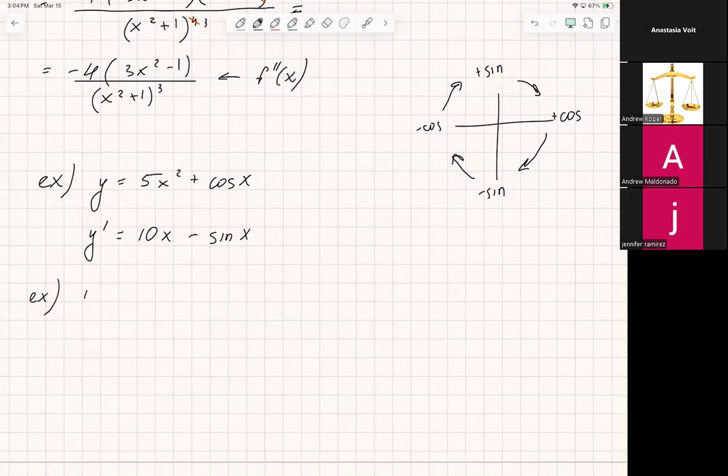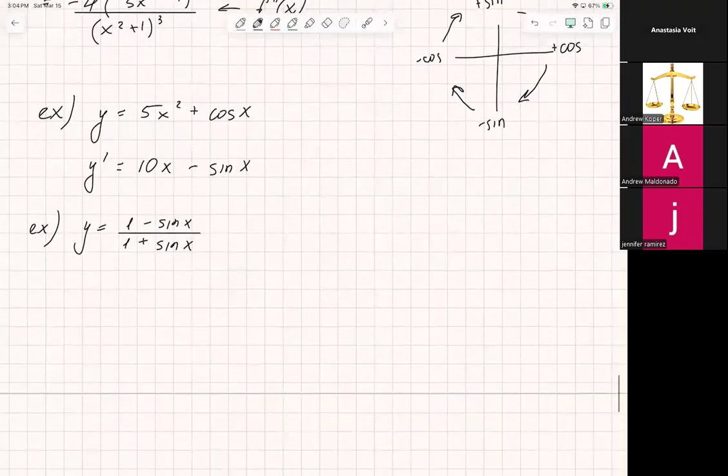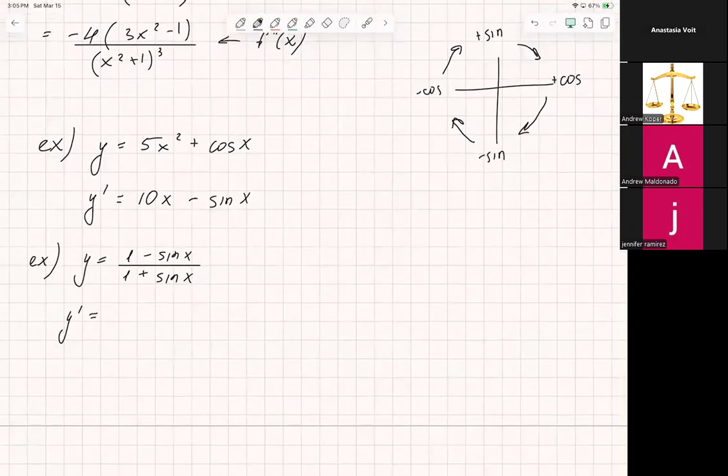Okay, and the next example is, let's say we have 1 minus sine x over 1 plus sine x. In this case, we will be using the quotient rule, right? Again, the derivative of the numerator: we have negative sine, the derivative of negative sine is negative cosine x, times the denominator, 1 plus sine x.